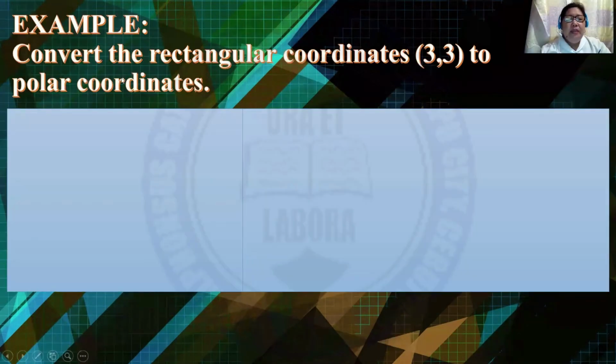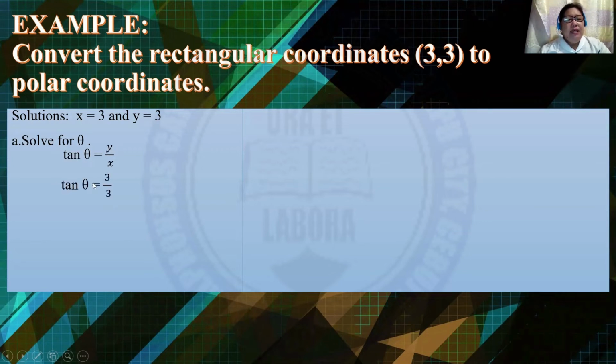For example, convert the rectangular coordinates (3, 3) to polar coordinates. So the value of x is 3 and the value of the y coordinate is also 3. For the solution, you solve first for the angle represented by theta. So tangent theta is equal to y over x.